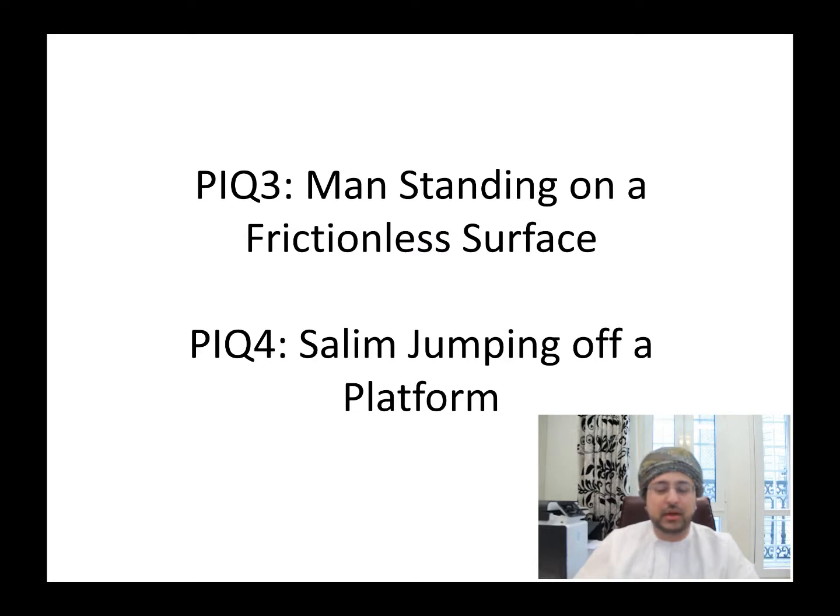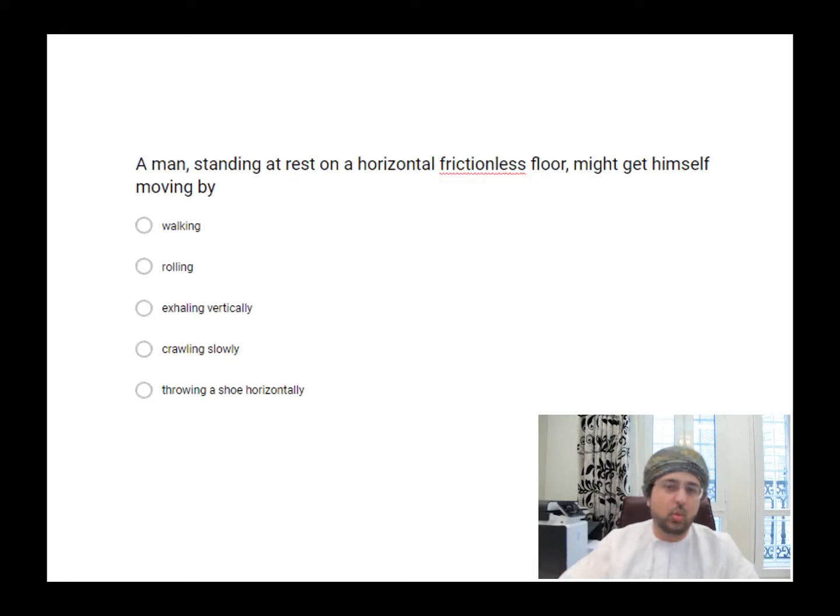Let's look at 2 PIQs. 1. A man standing at rest on a horizontal frictionless floor might get himself moving by what? Walking, rolling, exhaling vertically, crawling slowly, or throwing a shoe horizontally. Think about it.